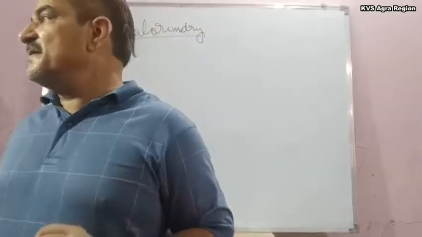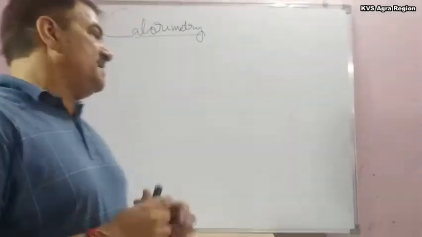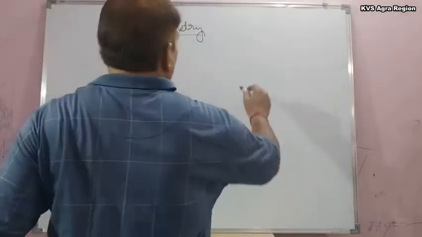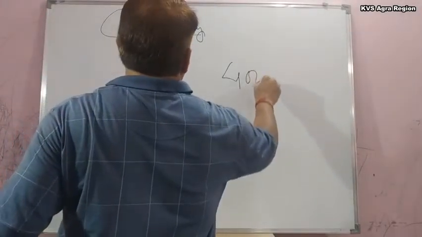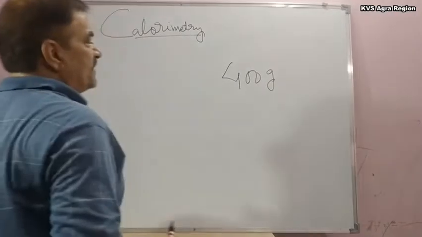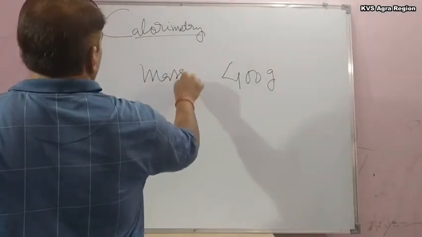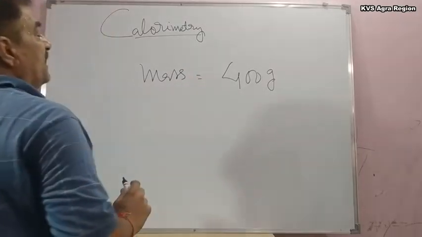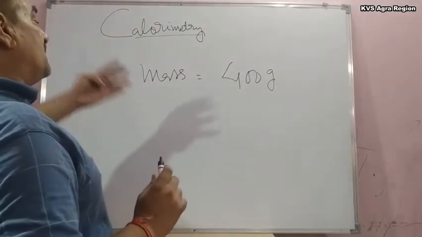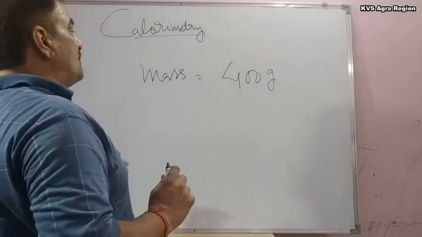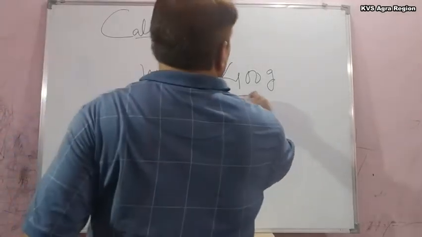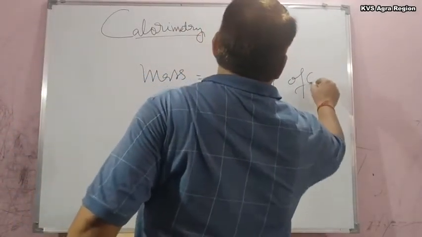Such as, if we have a calorimeter of mass 400 gram, so this is the mass of the calorimeter, what will be the water equivalent of this calorimeter of 400 gram of copper?